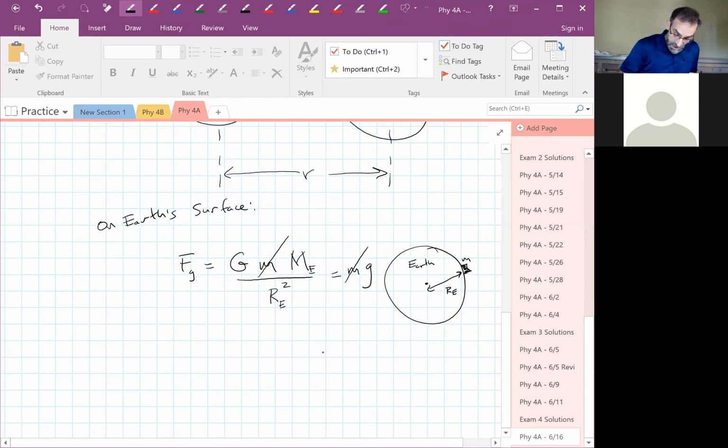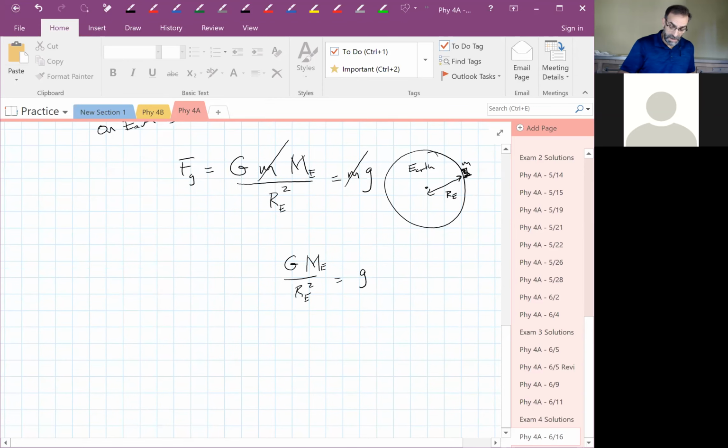We get that little g, the acceleration of gravity, is equal to our universal gravitational constant, capital G, times the mass of the Earth divided by the radius of the Earth squared.